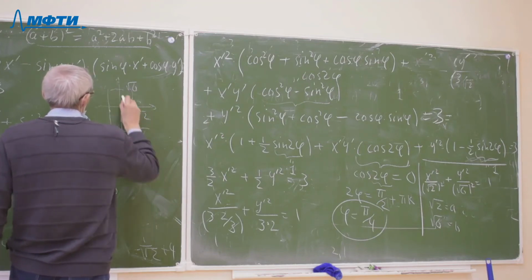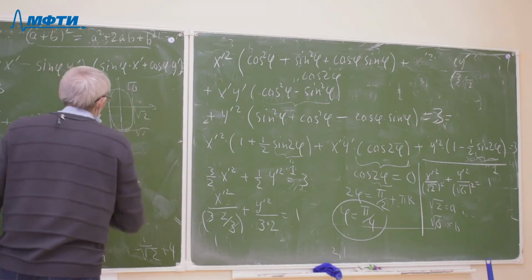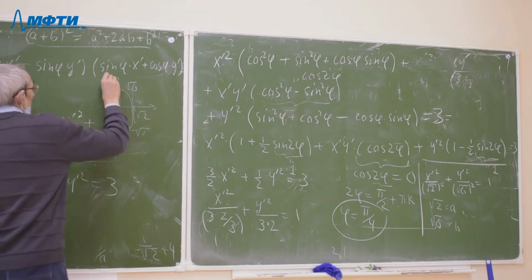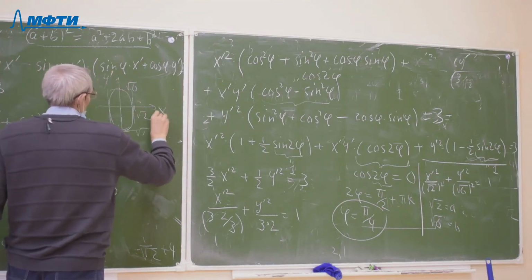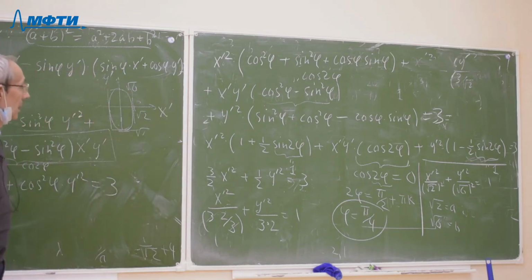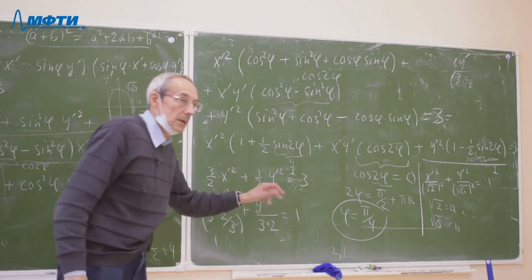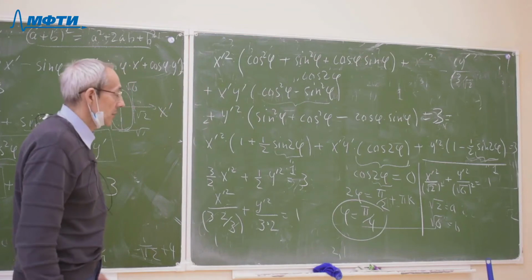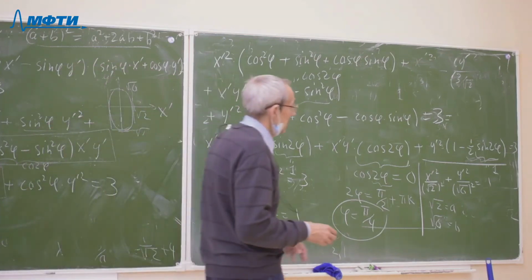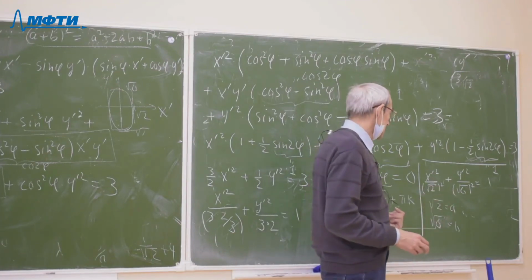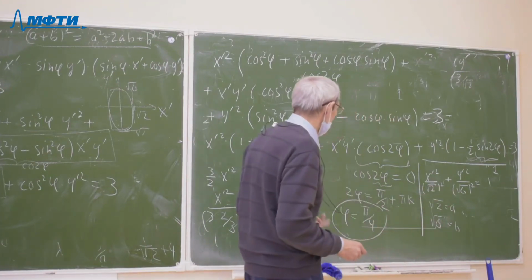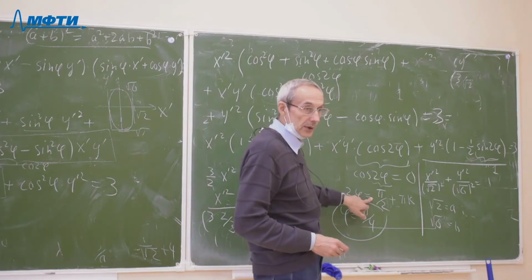Ellipse has the following form: y prime x prime. We have two ways to correct this formula. First, we can change the axes x prime and y prime. And second, using another rotation.